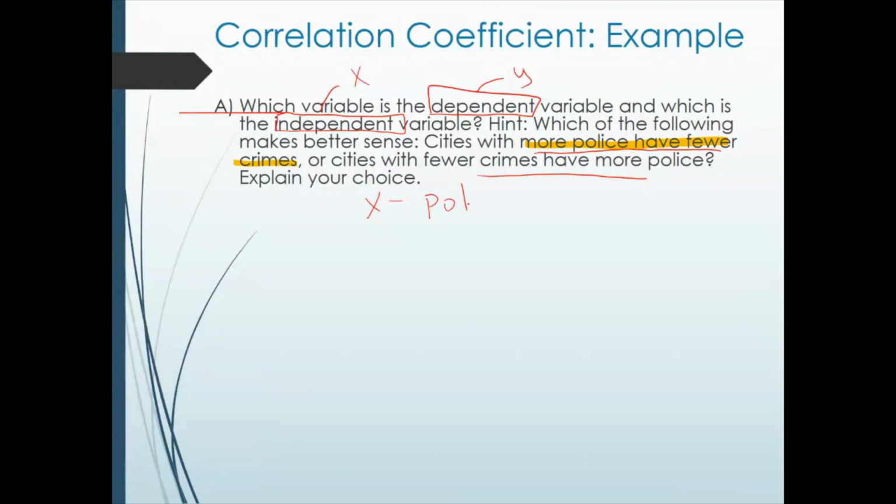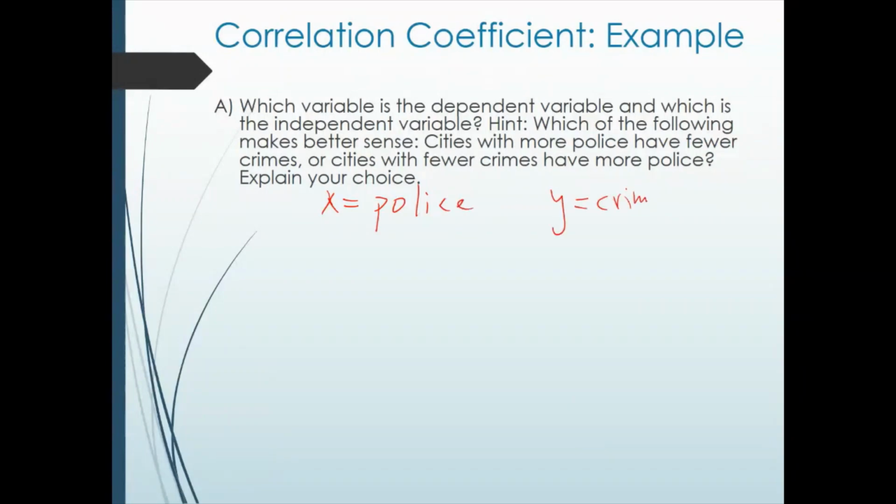The X is the number of police people at particular towns, and your Y will be the amount of crime that each city has. Let me try to do the best possible writing here. Police is X, and then your Y is equal to crime, as best possible with the little electronic pen.